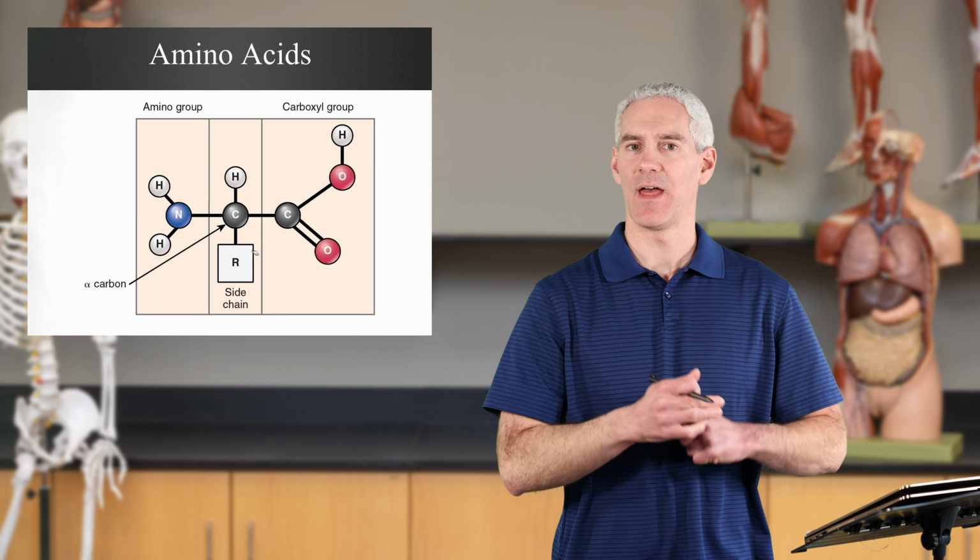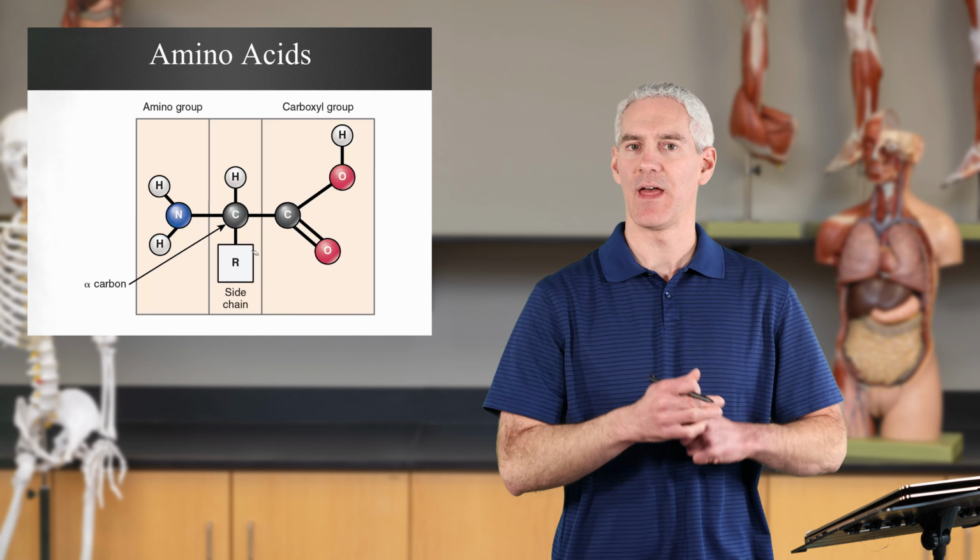What will end up happening is that HOH or H2O water will be removed. It's a process called dehydration synthesis. You're dehydrating, removing water, synthesis, putting together. So dehydration synthesis removes that water and builds the peptide bond between that carbon and that nitrogen.